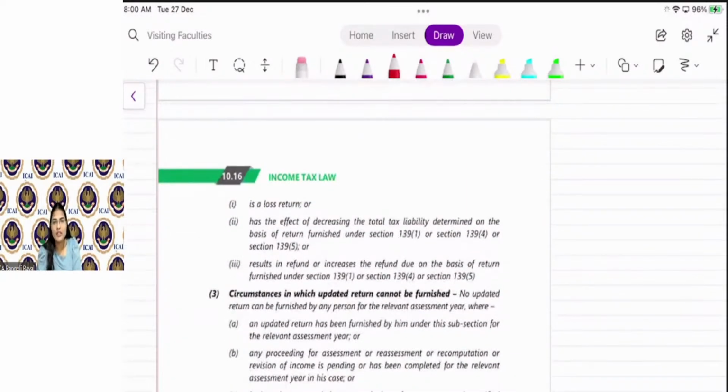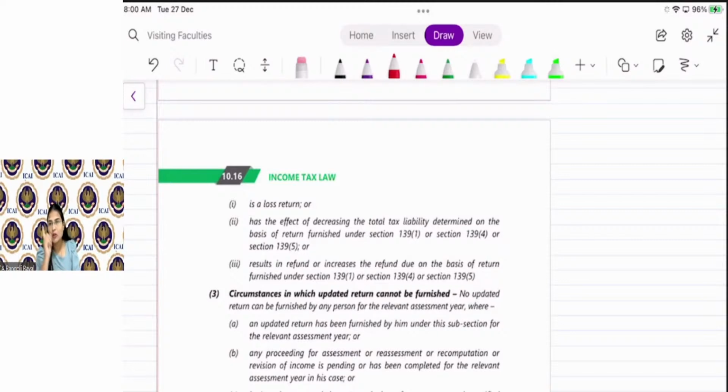Result in refund or increase the refund due on the basis of return furnished under 139(1) or 139(4) or 139(5). That is, if in original return I have claimed refund of 10,000 rupees and in updated return I want to claim refund of 15,000 rupees, so I cannot file the updated return because due to updated return my refund which I have claimed in my original return gets increased.